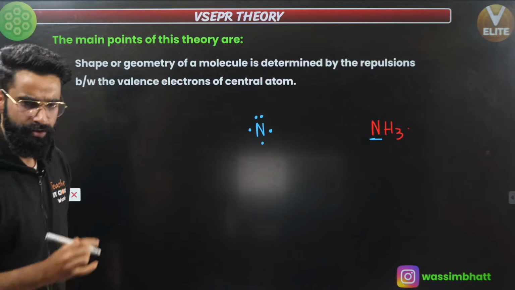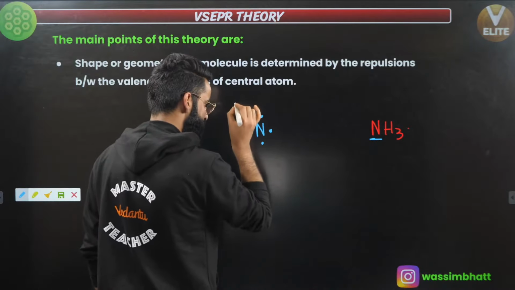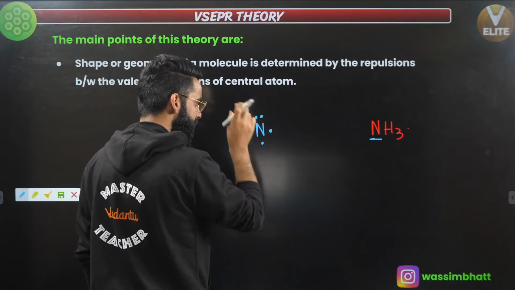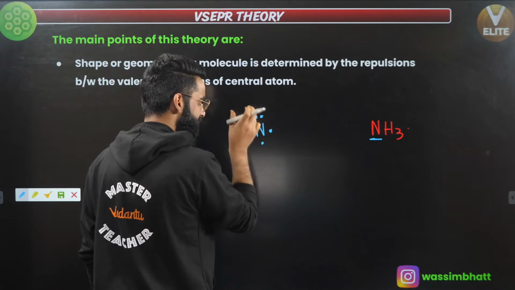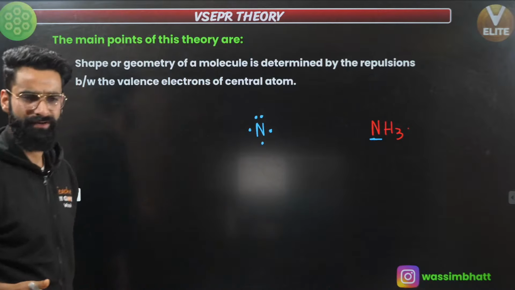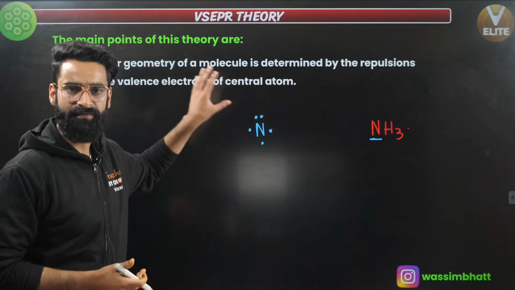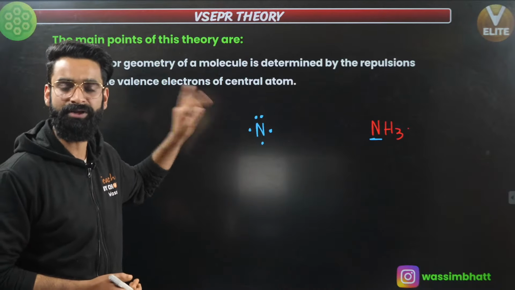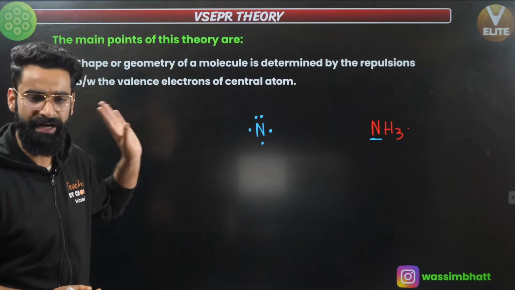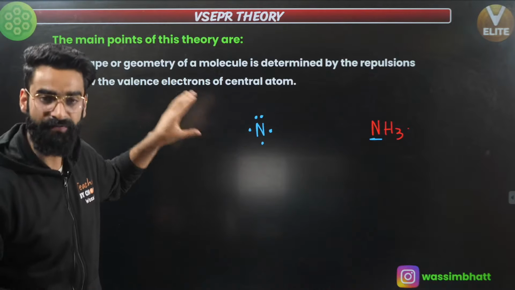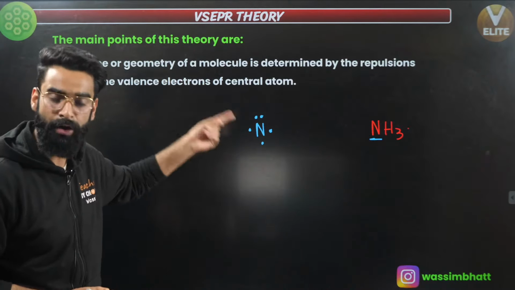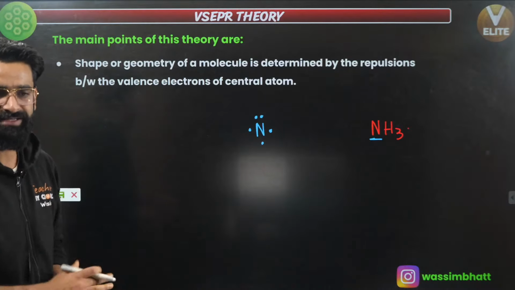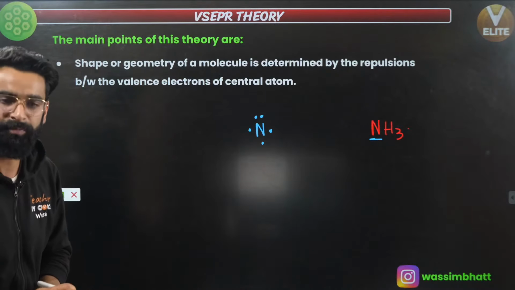Let me tell you, those electrons of nitrogen which participate in the bonding, I'll be calling the bonding electrons. Those electrons of nitrogen which belong to the valence shell and participate in the bonding are what I call bonding electrons. And those electrons of nitrogen which belong to the valence shell but do not participate in the bonding are what we call lone pair electrons.